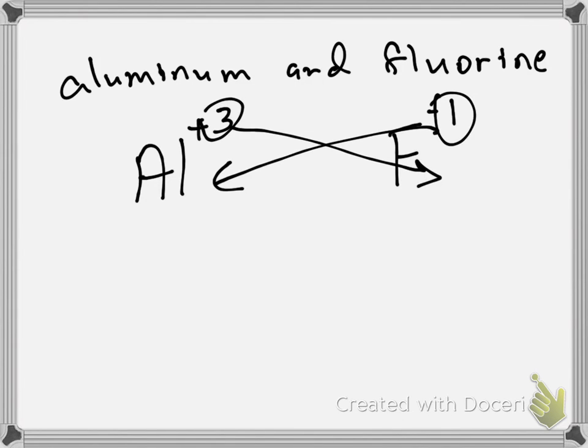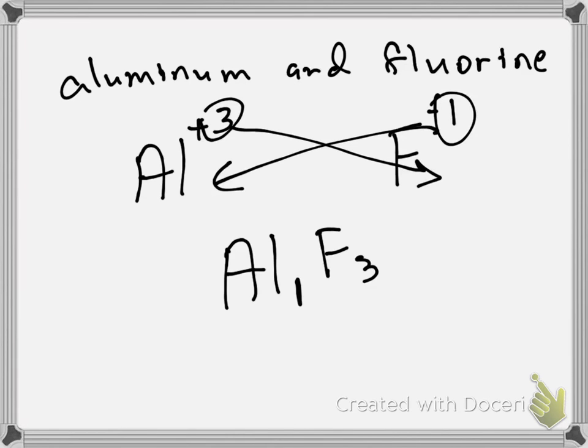And I ignore the charges. So the 3 moves, but not the positive part. So I'm going to put my Al, then the 1's going to move over, then I'm going to put my F, and then I'm going to move my 3 over. So my formula is Al with a subscript of 1, F with a subscript of 3.